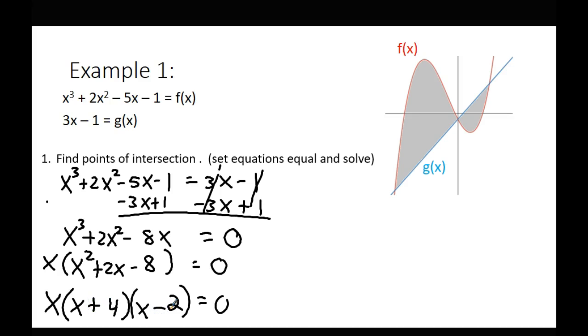And then we set all those equal to 0 and solve, right? And so what do we get? So we have -4 would be this point. That's just the x value. And then 0 and then 2. Those are the three places where it's intersecting. You could find the y values as well, but we don't need to, so we're not going to.